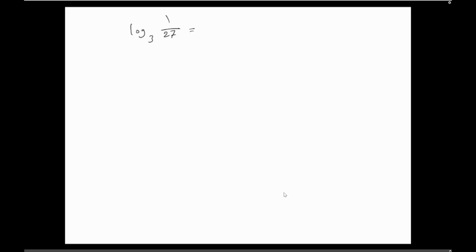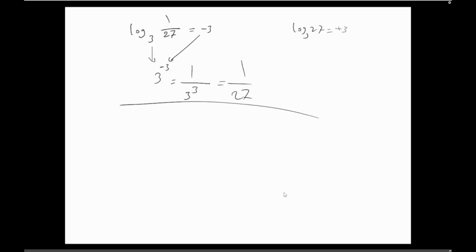In the regular one, we had log 3 of 27 equals positive 3, right? But over here it's going to equal negative 3, because let's do the calculation. This means 1 divided by 27.